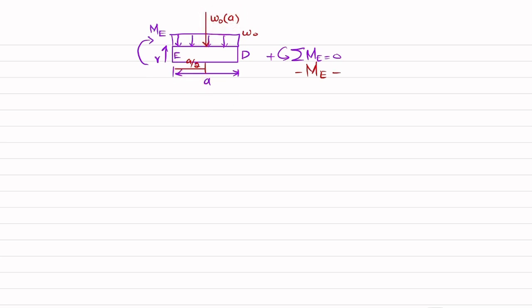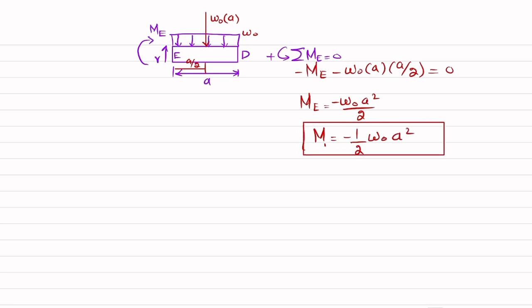So I can write minus M minus w naught a square over 2 is equal to 0. So it means that moment about point E is equal to minus w naught a square over 2. And again you can see it is minus 1 over 2 w naught a square.